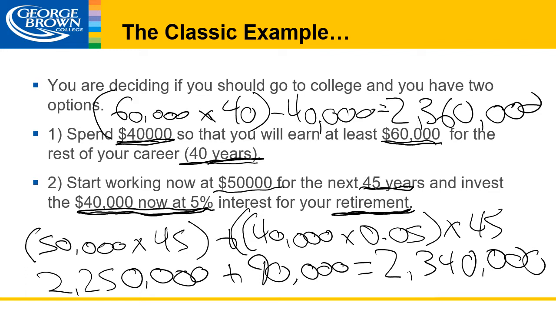That's 10 grand. The difference between 60,000 and 50,000 is $10,000. The opportunity cost here is the $10,000 per year multiplied by 45 years. So in the next slide, I've tabularized the opportunity cost, and I'll show you which option we should be picking based on the highest net value.